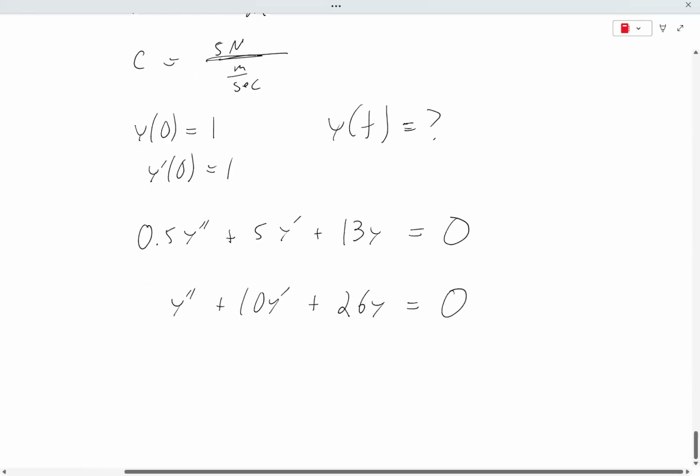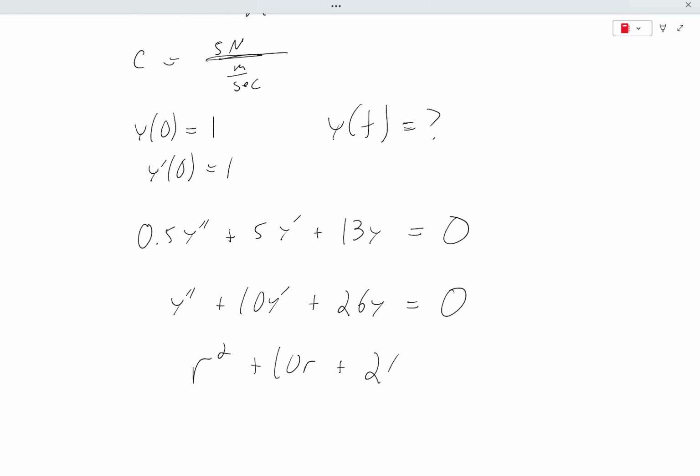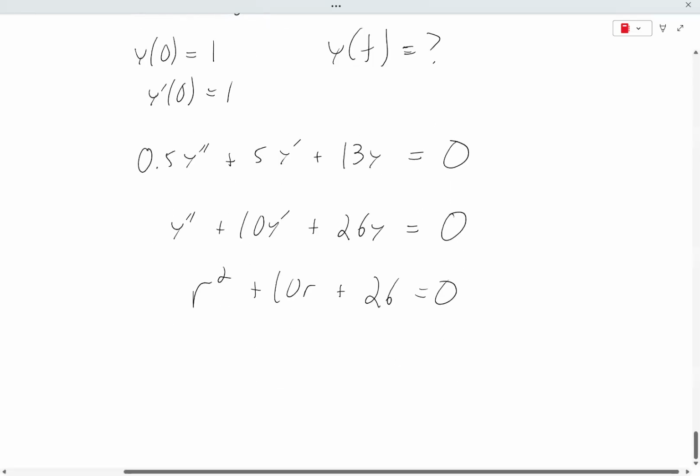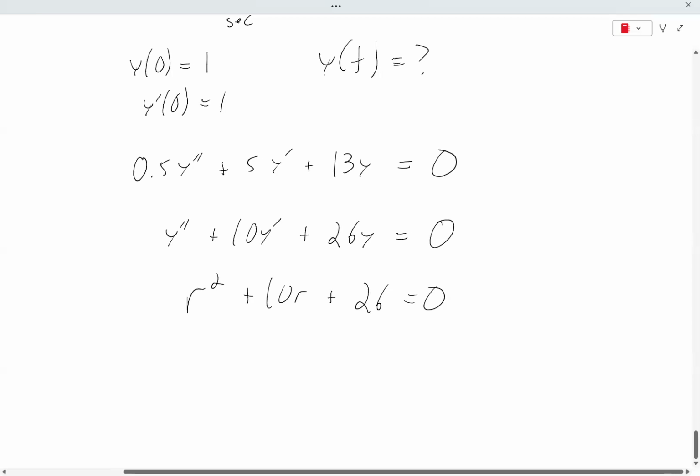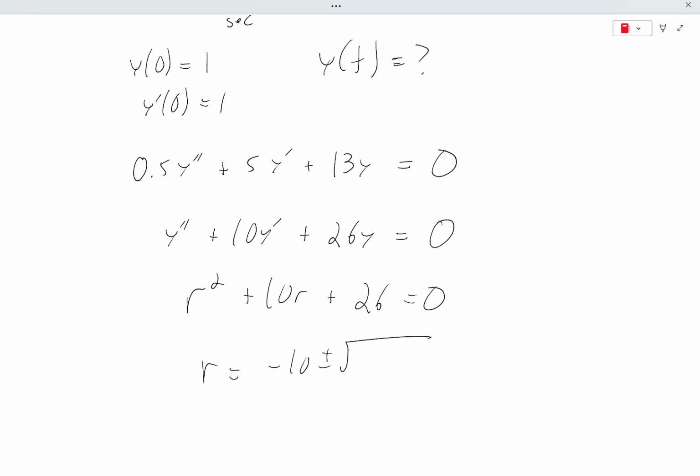So then you'd use the formula here. You got r squared plus 10r plus 26 equals 0. Yeah, I guess this comes out to be a mess. So then you get r equals negative 10 plus or minus the square root of 10 squared minus 4 times a times c, all divided by 2a.